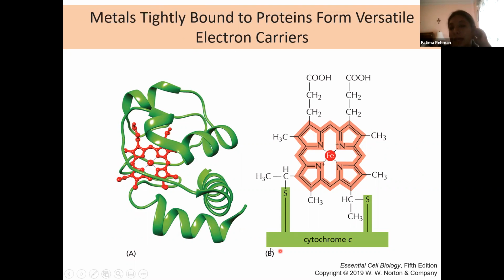And that's the case in cytochrome C. So the cytochrome C by itself cannot be a very good electron carrier. But with the help of the iron ions that are embedded within it, they are able to bind both to the proteins and be a very versatile electron carrier themselves. So the cytochrome C doesn't work by itself, but with metal ions that are bound to it.